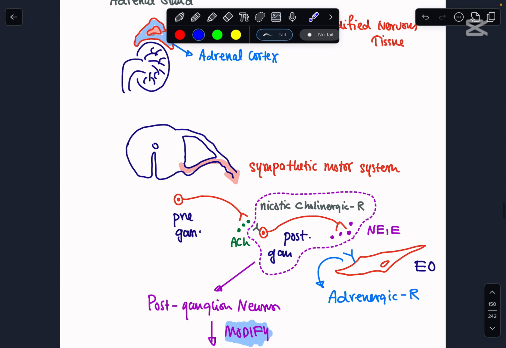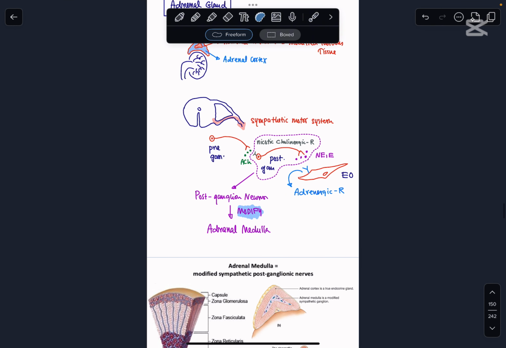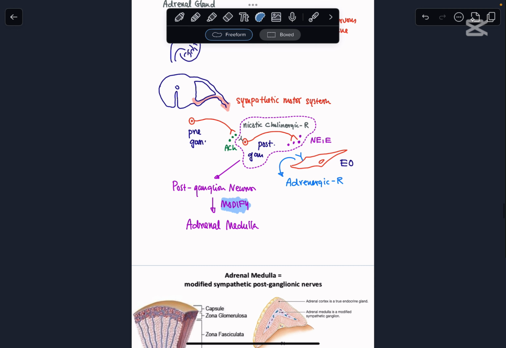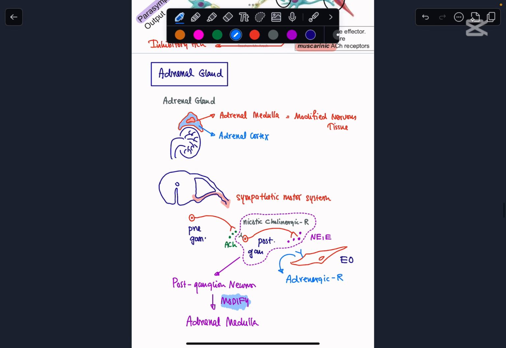Now, first of all, notice that this has nothing to do with the cortex. Okay, so we are not talking about the cortex in any way, shape, or form. We are talking, however, about the postganglion adrenal medulla. So adrenal medulla essentially is modified postganglion.